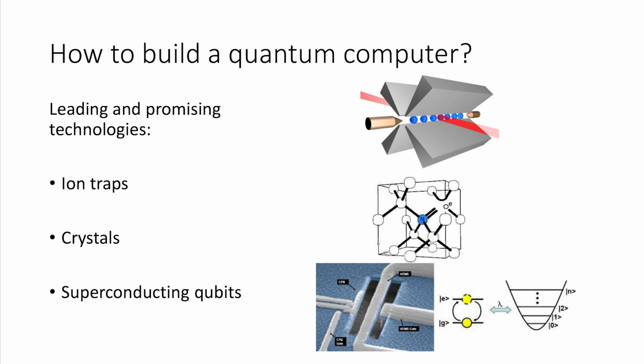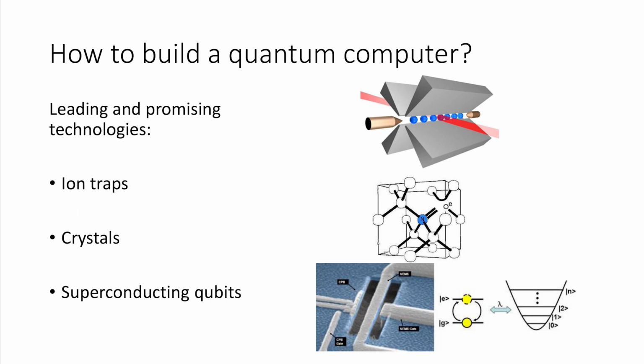So, how to build a quantum computer? There are at least 2 or 3 technologies which are promising. The most popular one is semiconducting qubits, which has several implementations. You probably heard about Google, D-Wave. D-Wave is actually an annealing process, but it's also superconducting.